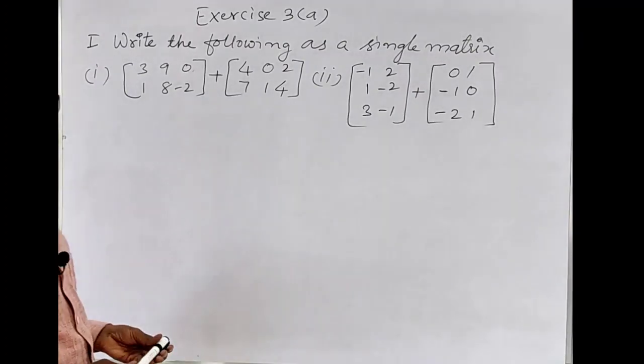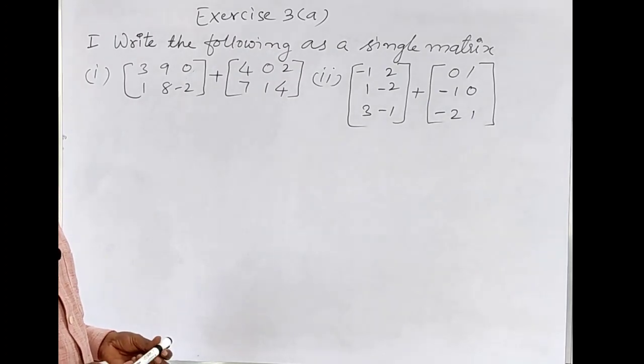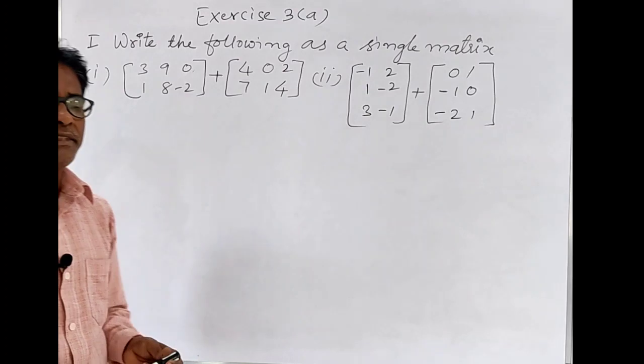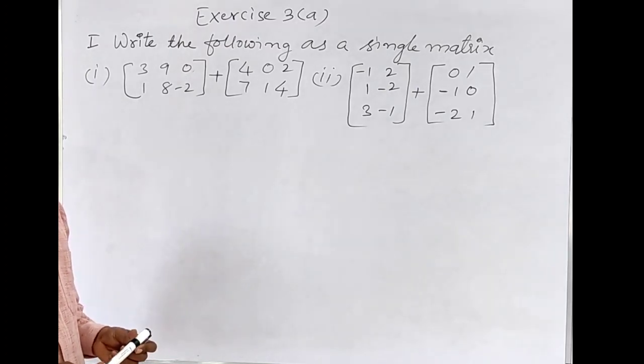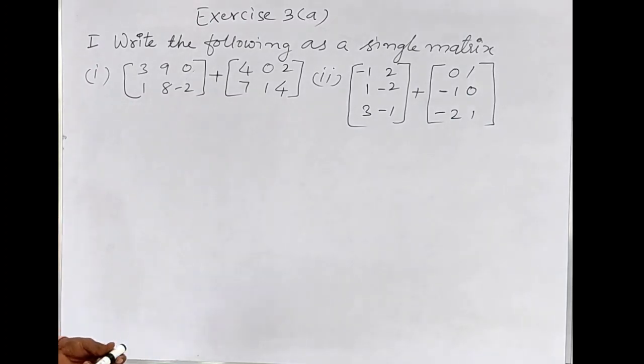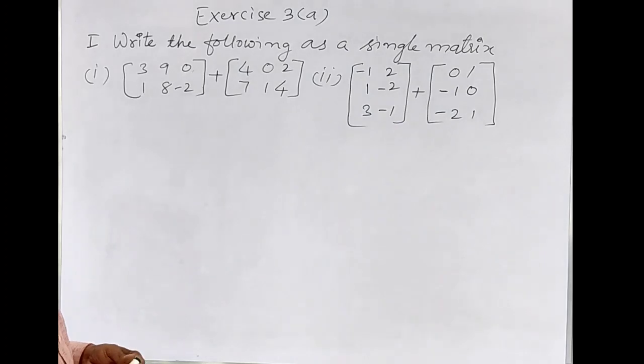Before doing addition of a matrix we have to remember one condition. What is that condition? The addition of a matrix takes place when the order of both matrices are same. That means addition of matrix is possible if both matrices have the same order. Otherwise we cannot do the addition.